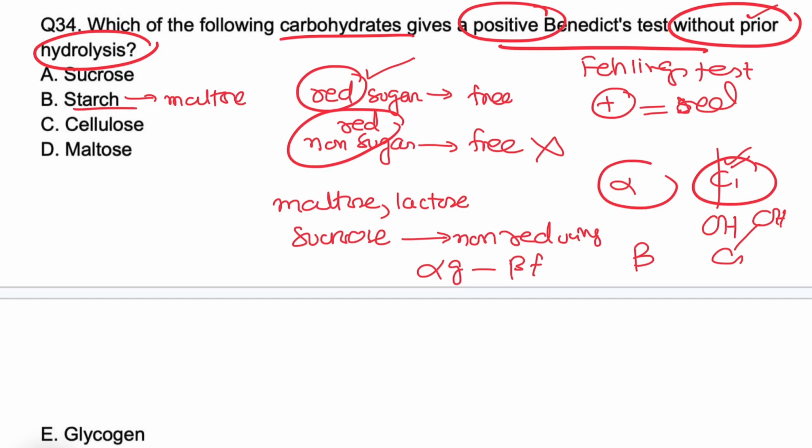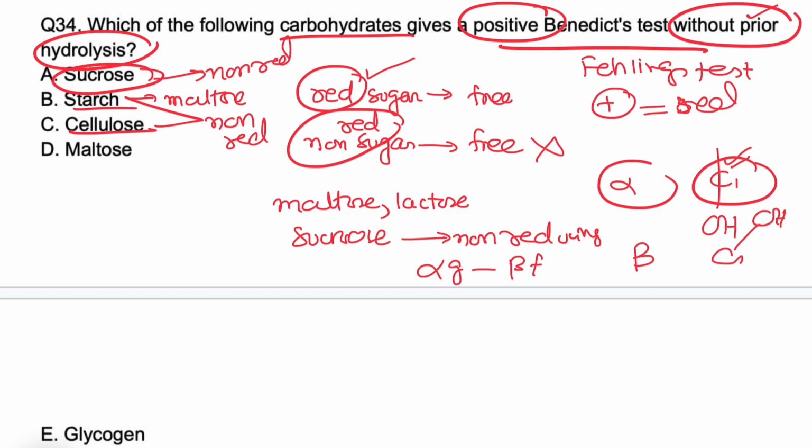Tell me whether starch itself is a reducing or non-reducing sugar. I just told you that most polysaccharides, like starch and cellulose, are non-reducing. And if you talk about sucrose, I just told you sucrose is a non-reducing sugar. Fine.